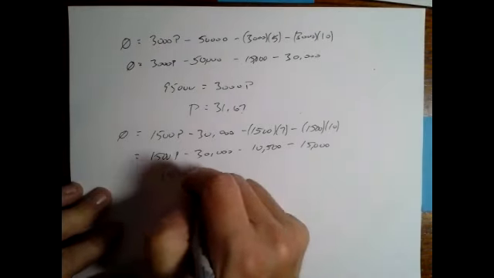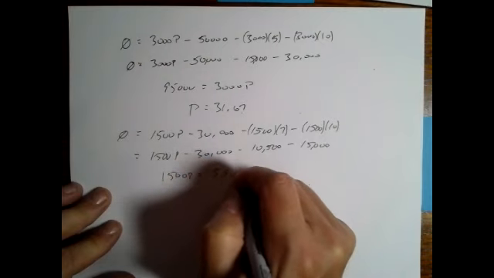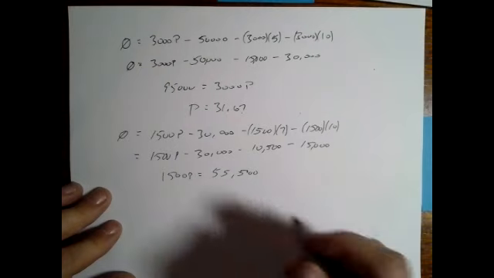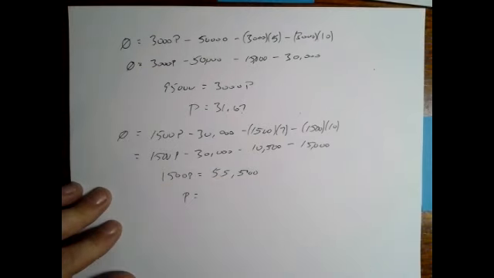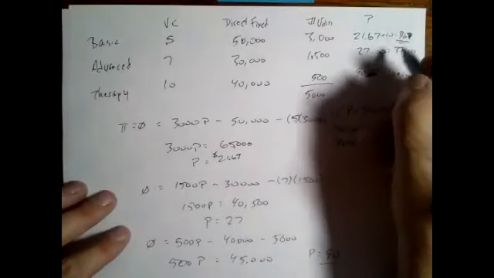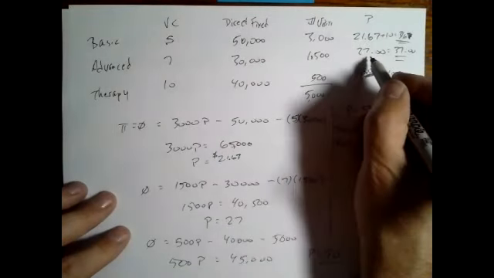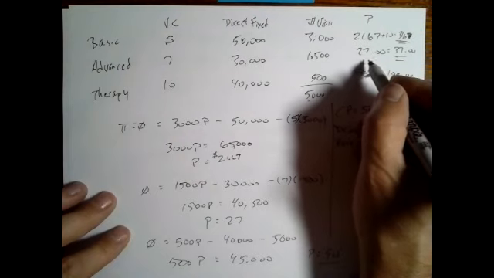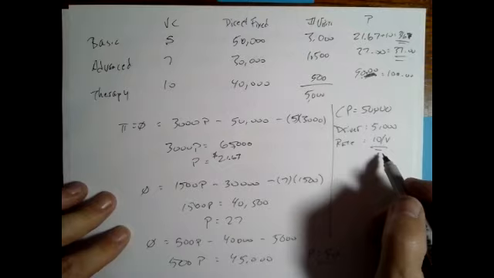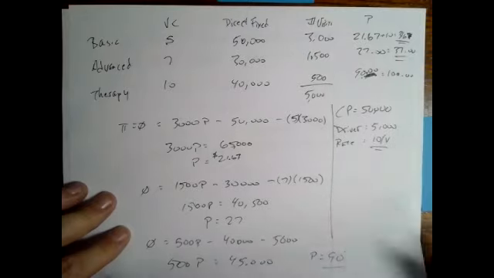So 1,500 P equals 55,500 in costs. So P is equal to 37, which again matches what we assumed up here when we calculated $27 per visit last time without overhead, and then we add $10 per visit in overhead. That brings us up from $27 to $37.